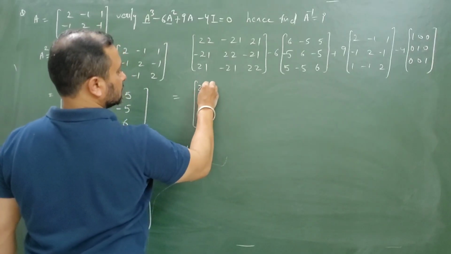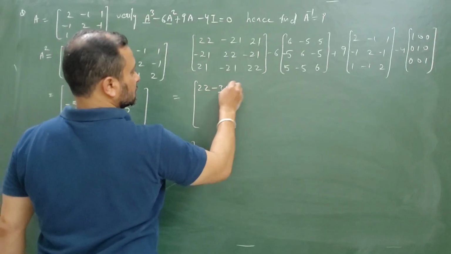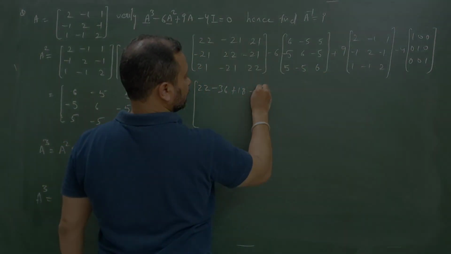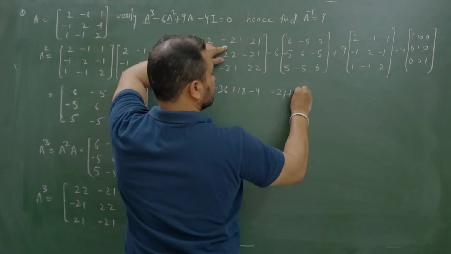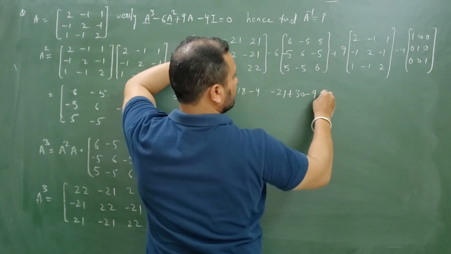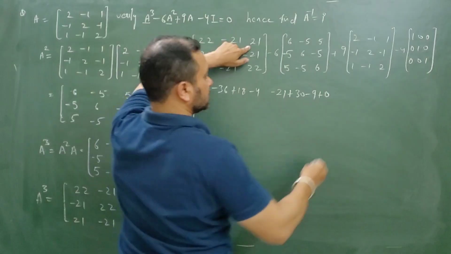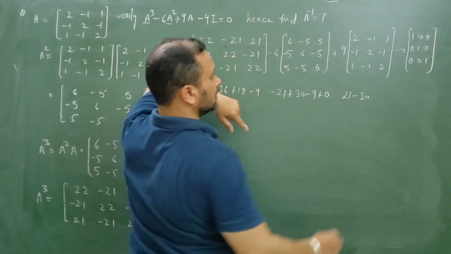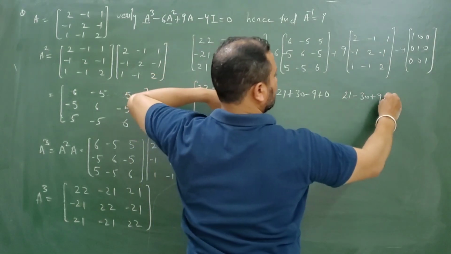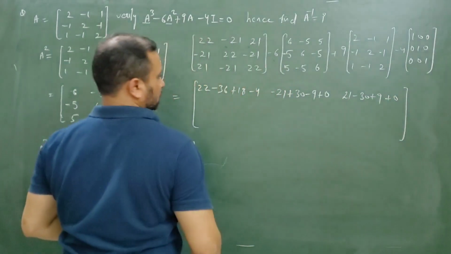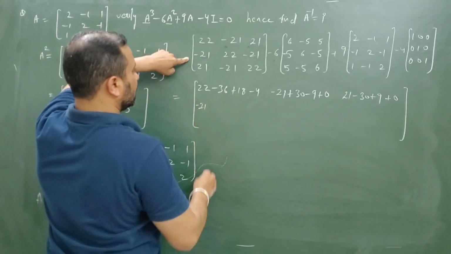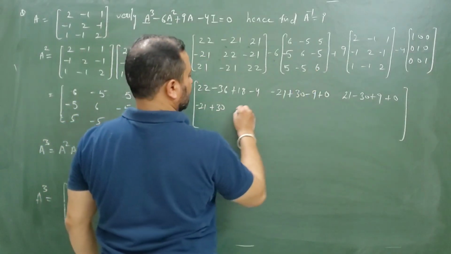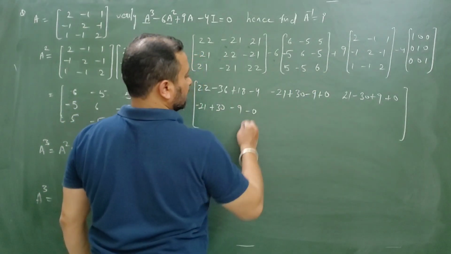It is 22, minus 6 times 6 is 36, 9 times 2 is 18, and minus 4, minus 5 times 6 is 30, minus 9, 0. Next, 21, 5 times 6 is 30, 9 times 1 is 9, and this one, minus 21 minus minus plus 30 minus 9, and 0.